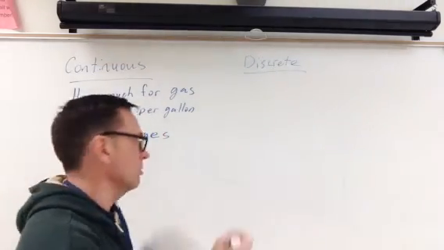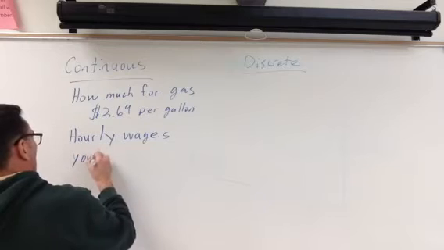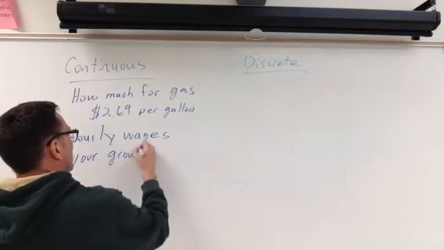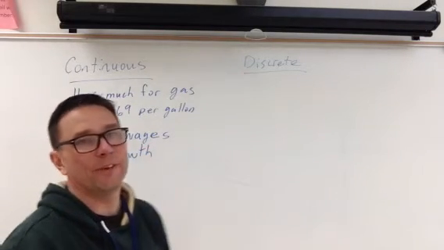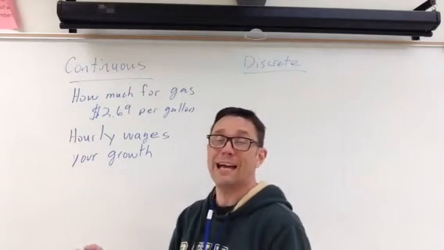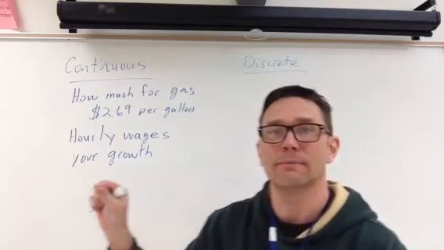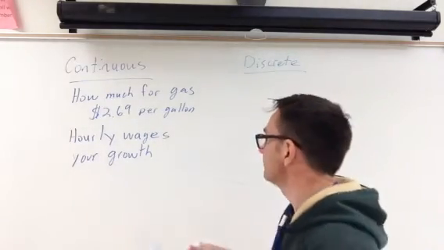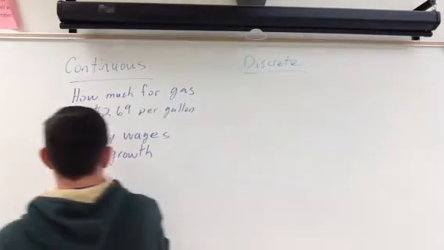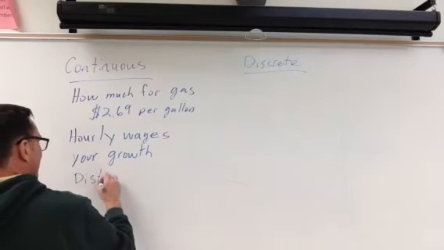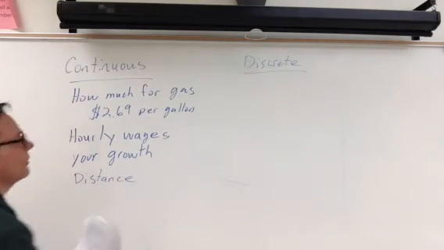How you grow: you don't automatically grow 3 inches when you wake up on your 15th birthday, all of a sudden going from 5'9" to 6 foot. You're continuously growing, even though we don't see it. It goes on forever. And then distance home. Distance is always continuous.